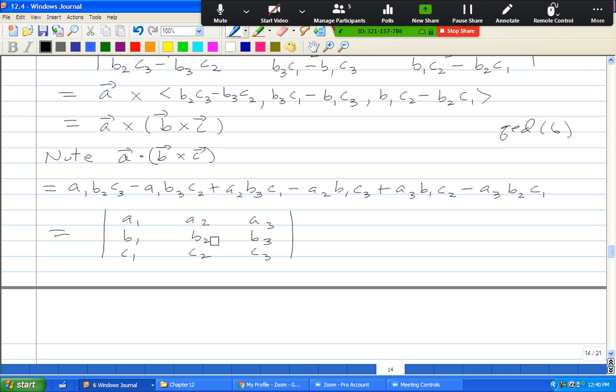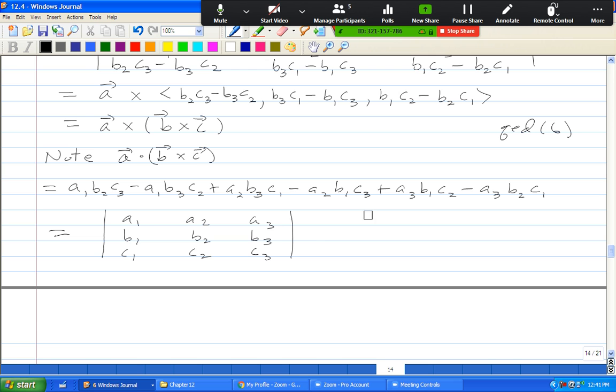So this is A1, B2, C3, that first term, plus A2, B3, C1, this term, plus A3, B1, C2, that term, minus A3, B2, C1, which is this term, minus A1, B3, C2, this term, minus the last term, which is A2, B1, C3.